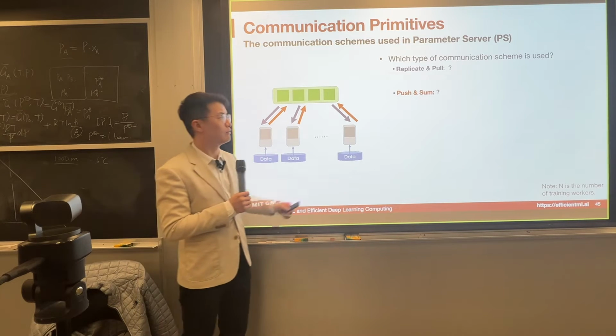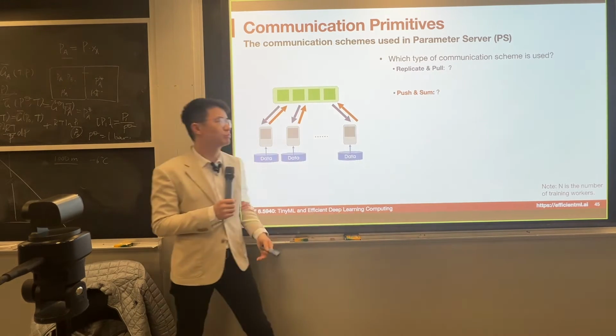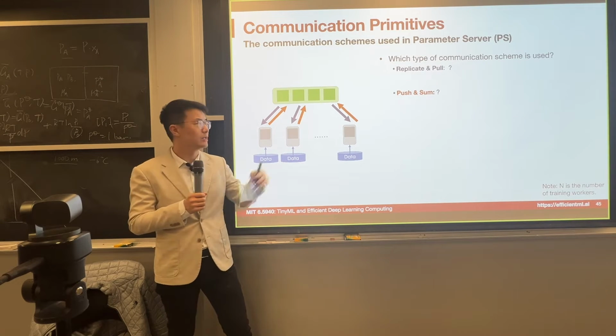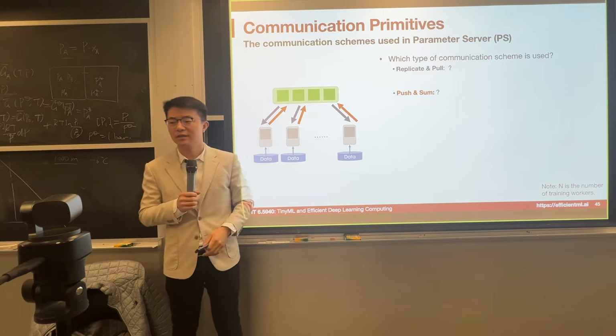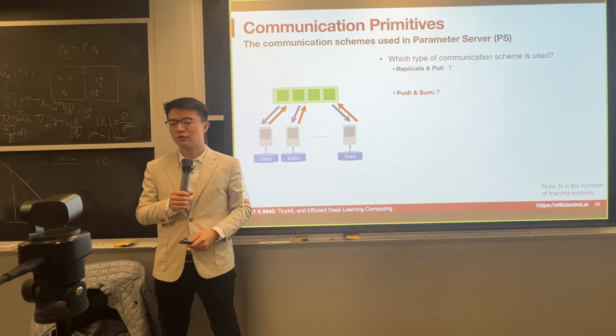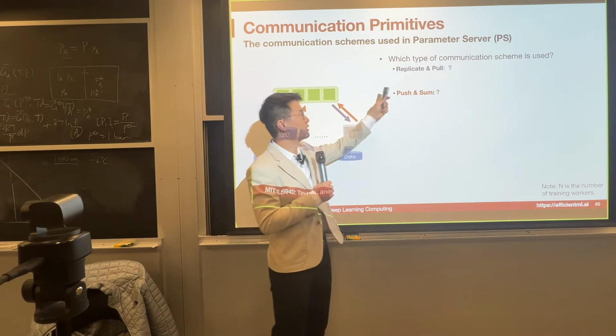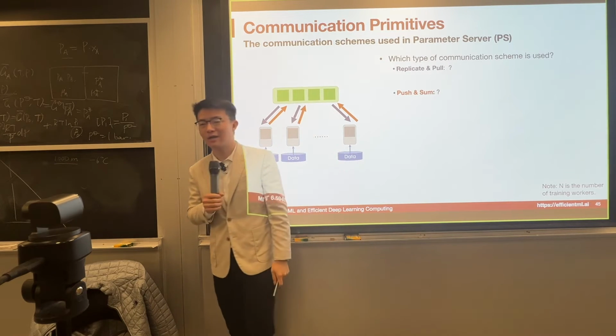We also have the push process where each worker calculates its own copy of the gradient, and you want to push it and sum it in the parameter server. So which type of communication scheme is used in replicate and pull, and also push and sum?